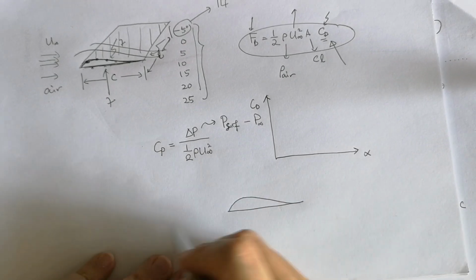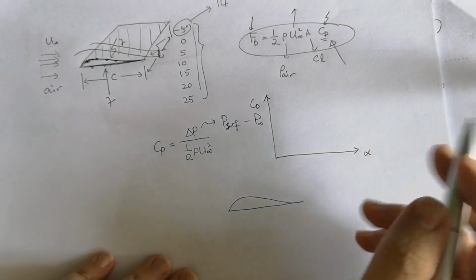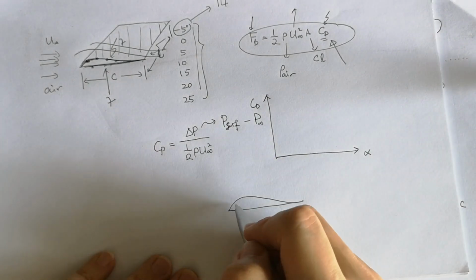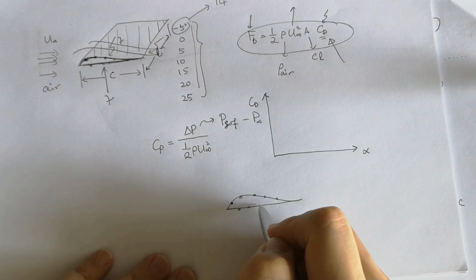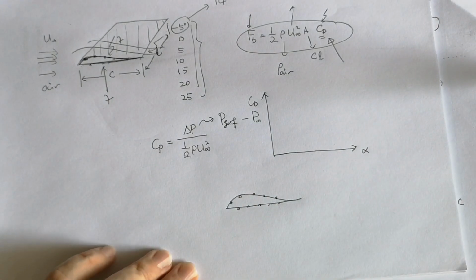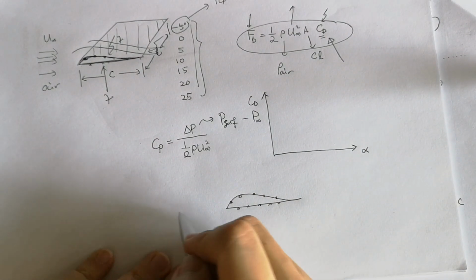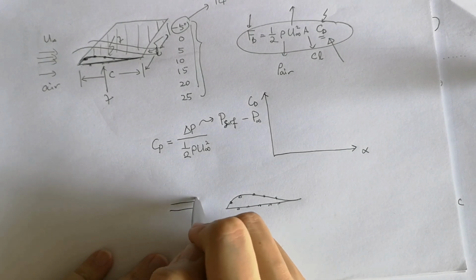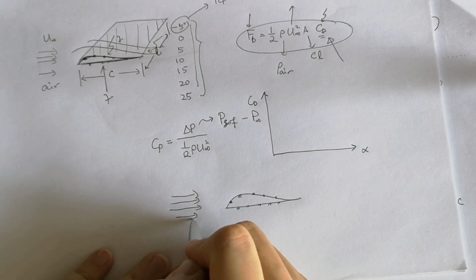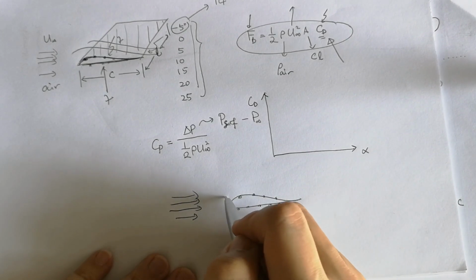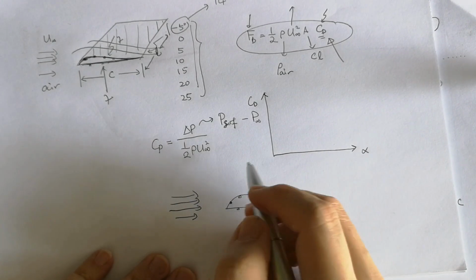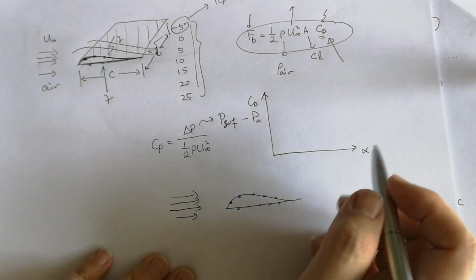before any air passes through this aerofoil, we have the same pressure acting onto these 14 points on the upper and lower surface. As the flow starts passing through this aerofoil, you will notice that due to the different geometry, it will cause pressure changes. Maybe in some regions you will have low pressure, and in some regions high pressure.